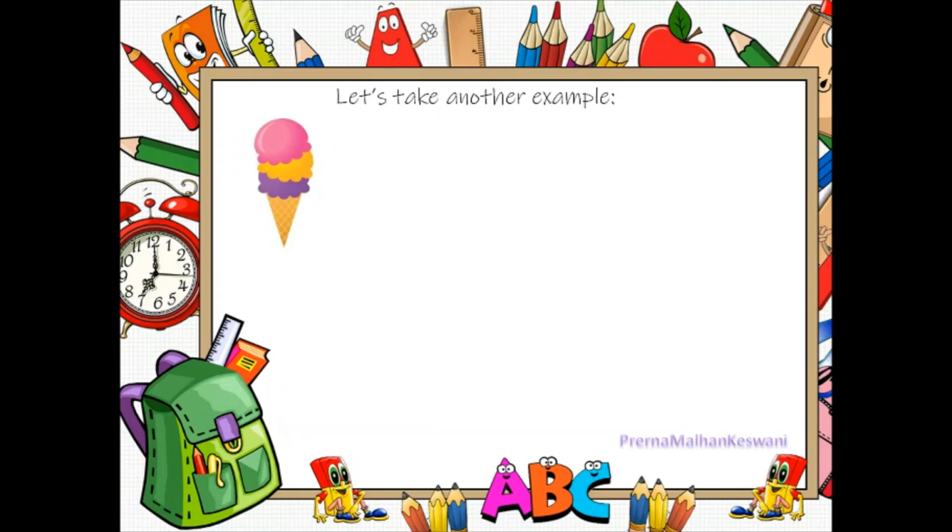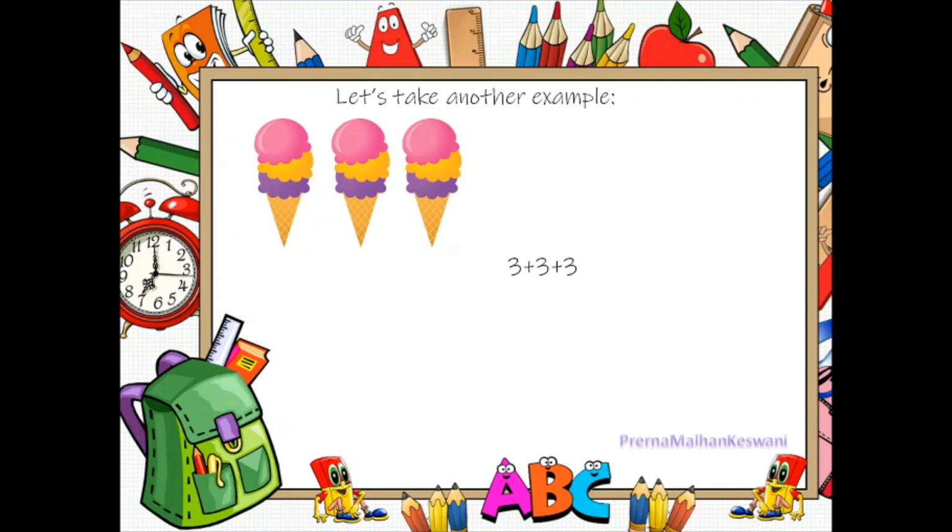Let's take another example. How many scoops of ice cream can you see? Pink, yellow and purple. Yes, it's 3. And now it's 3 more. And it's 3 more again. So, it can be written as 3 plus 3 plus 3.